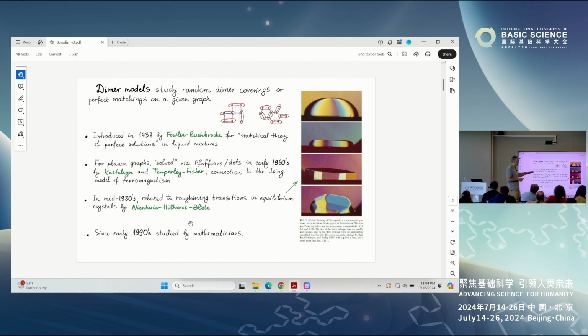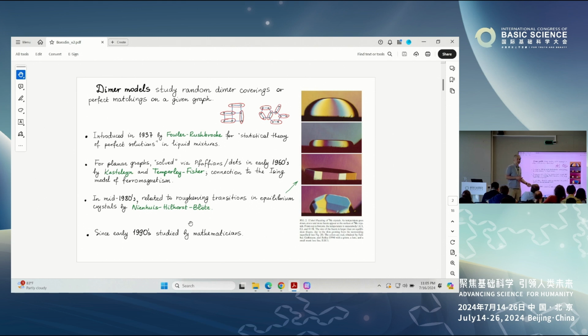This phenomenon of going from flat, rigid faces to curved and fluctuating ones is known as the roughening phenomenon in equilibrium crystal physics. And dimer models were suggested as a mathematical toy model for this kind of physical phenomenon. I'm spending time on this because it will become relevant a little later.